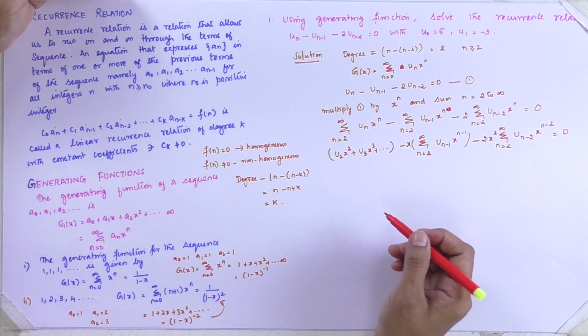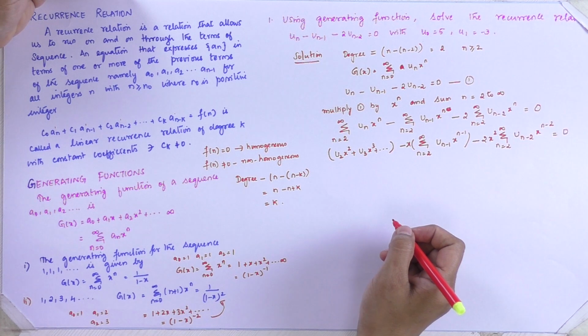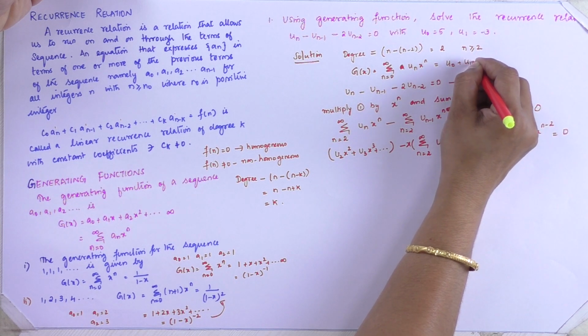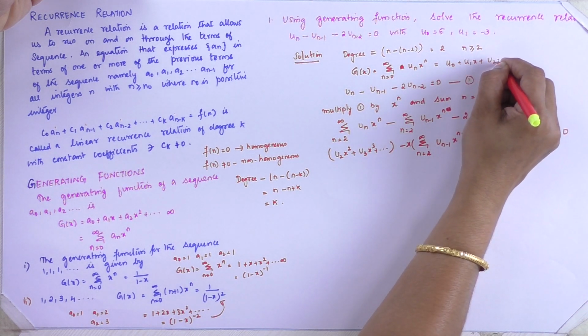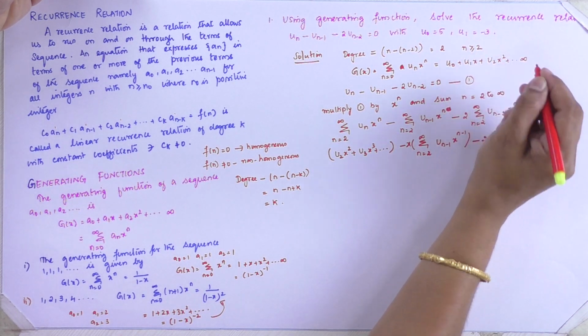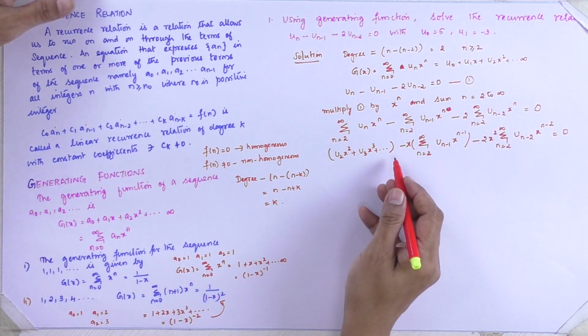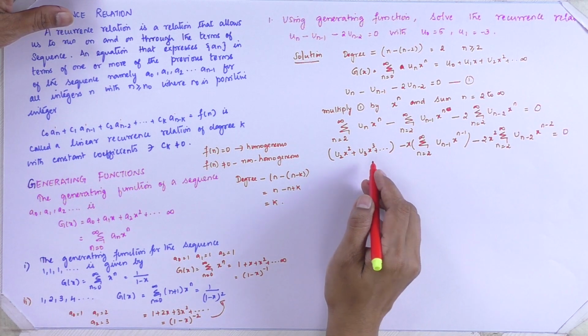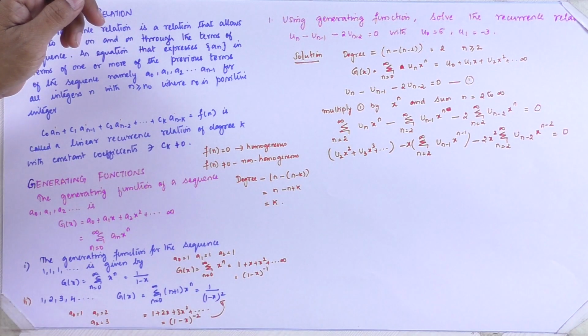Next step is that somehow I should try to apply my generating function. My generating function, what it says here, see here I will have u0 plus u1 x plus u2 x square plus so on till infinity. So likewise, only a few of the terms are missing. So what are all the missing terms? I will have to add and subtract the missing terms.